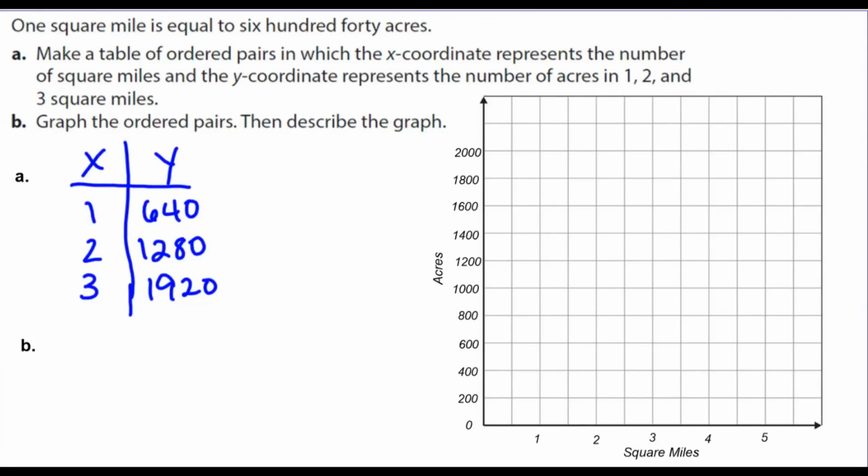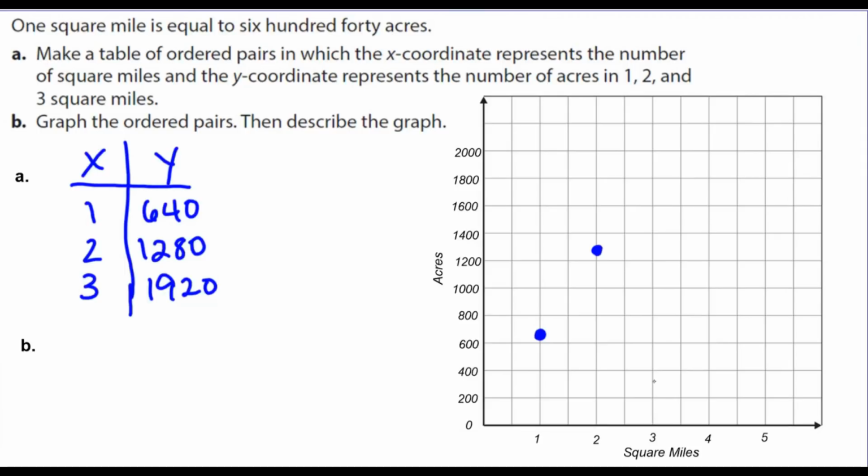Now we're asked to graph the ordered pairs and describe the graph. So I've got my grid here set up, and 1 square mile is 640 acres. So that's going to be about here. Just going to have to estimate where that is. And 2 square miles is 1,280 acres. That's almost 1,300. So just under halfway between there.